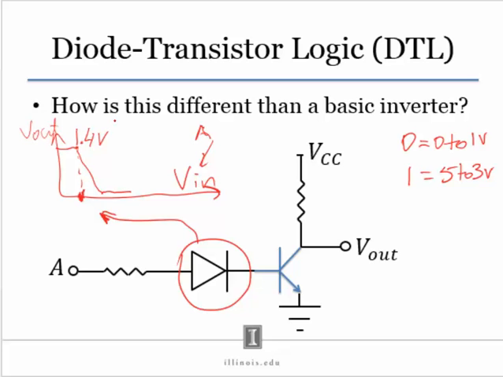So this region where the input is 0, it's not going to turn on. Right. And we can size the resistors properly, but we can pretty much make sure that somewhere above 3 volts the transistor is in saturation and the output is low.